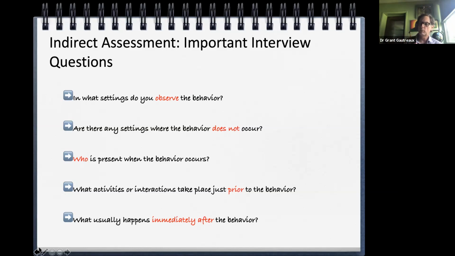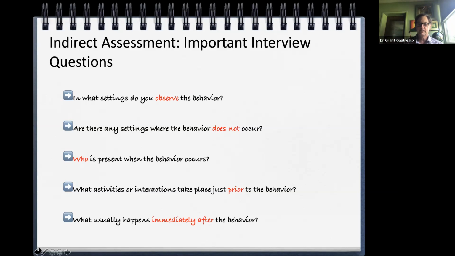This should be really well developed, and I think you could probably get your hands on several documents that are probably used at your site in regards to this. You may see some of this on some more structured types of interviews or checklists or rating scales, such as the Vineland, and some of that might be tremendously helpful.